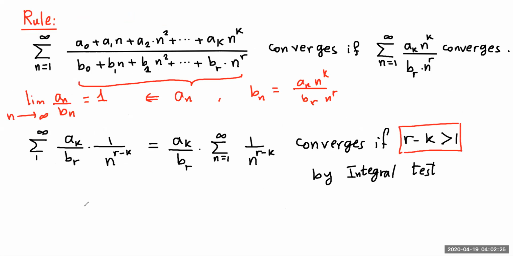If r minus k is less than or equal to 1, then this sigma an, all of this term, will diverge. If it's bigger than 1, it converges.